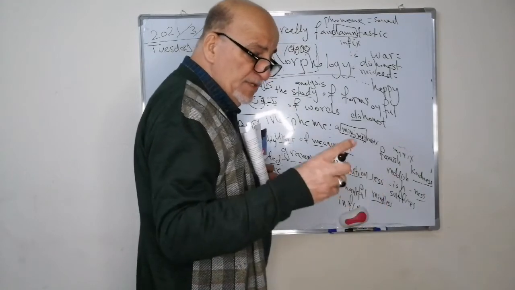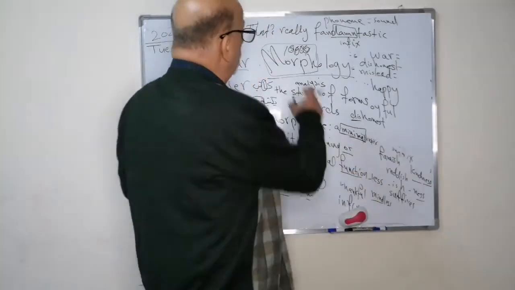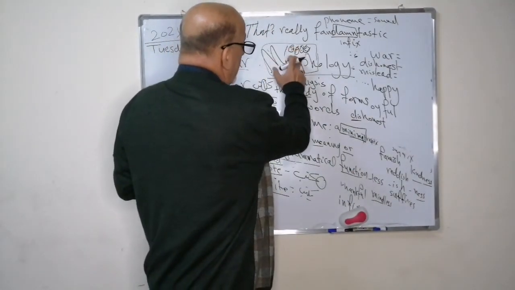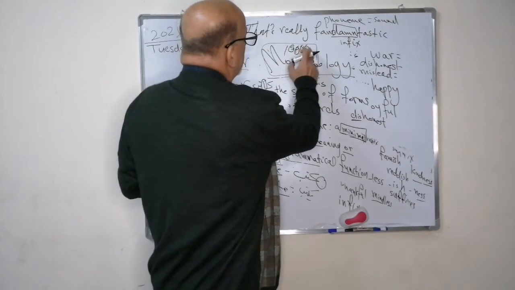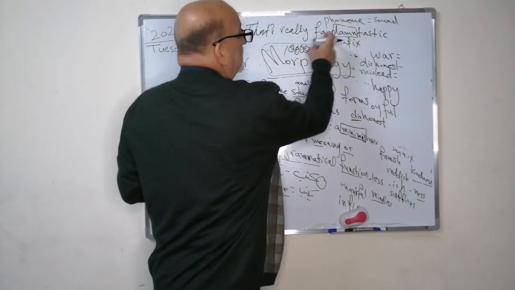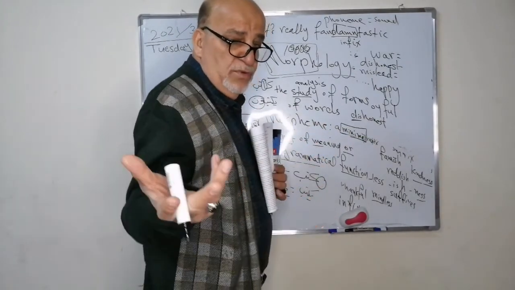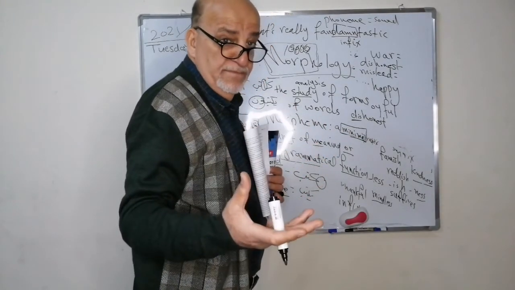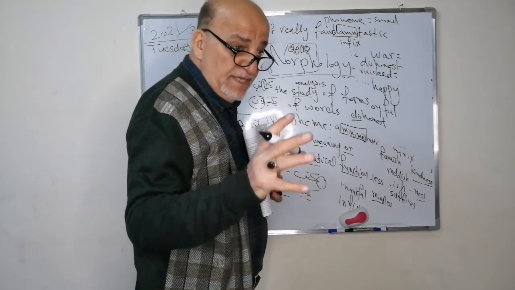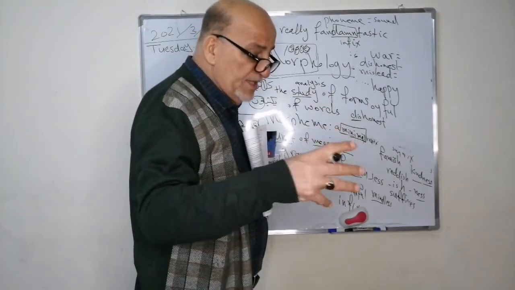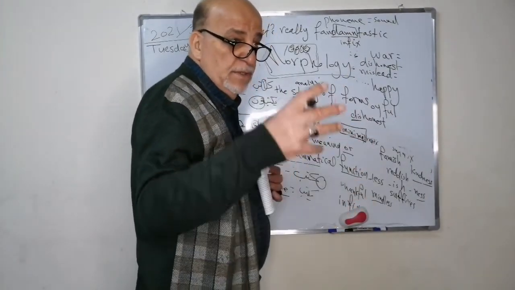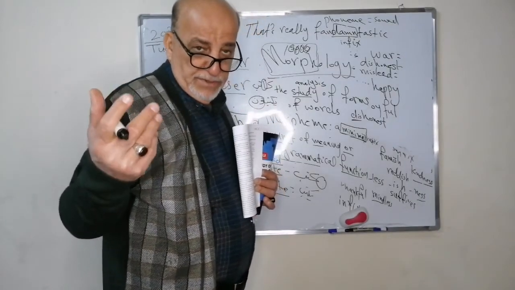So the difference is that a phoneme, a sound by itself, individually has no meaning. But the morpheme has either a meaning just like any content word or a grammatical function.